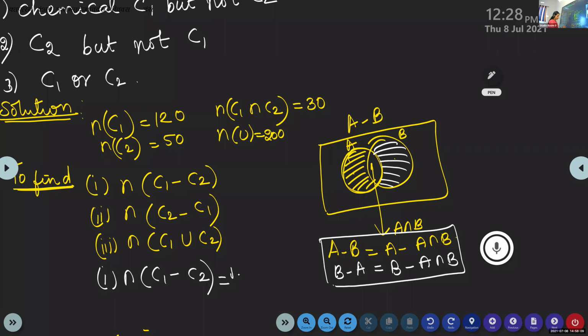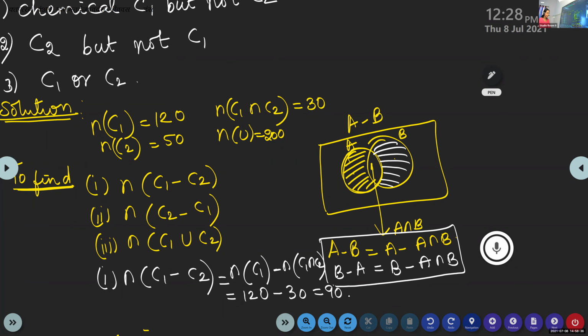It is N of C1 minus N of C1 intersection C2. From C1, you remove that common number. N of C1 is 120 minus 30. So it will be 90. N of C1 minus C2 is 90.